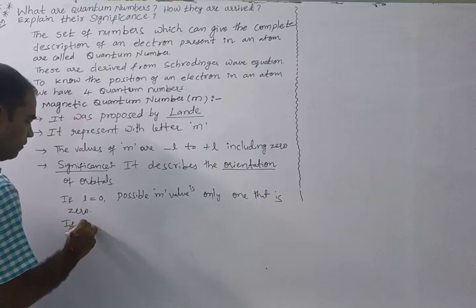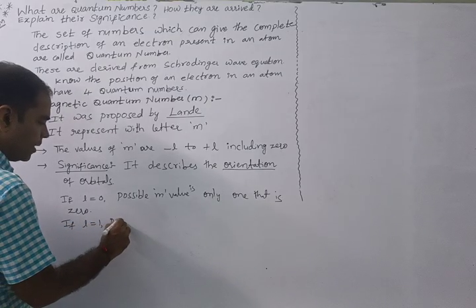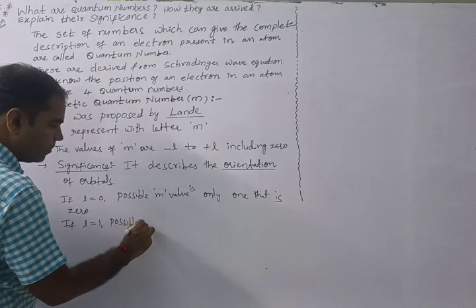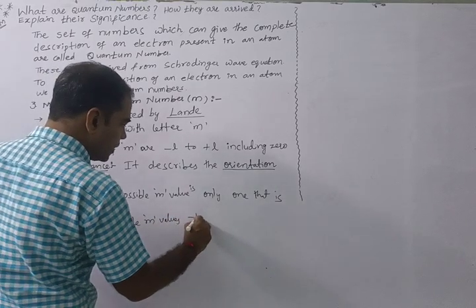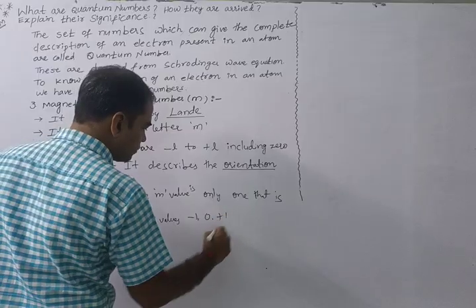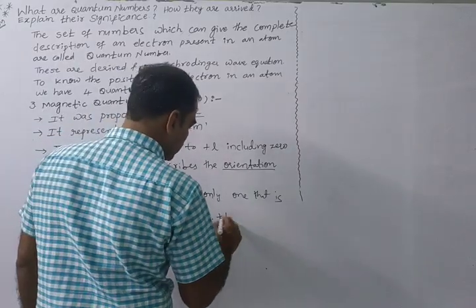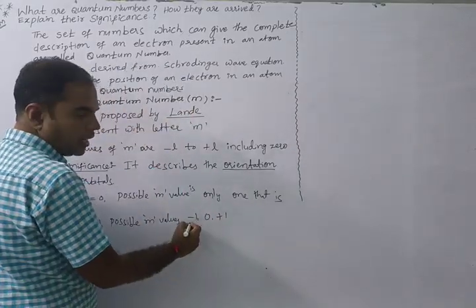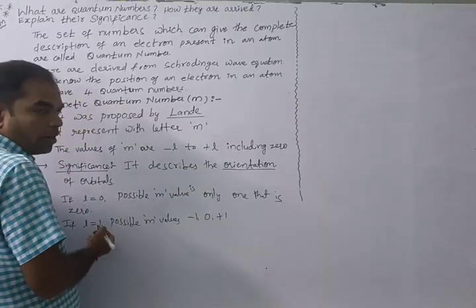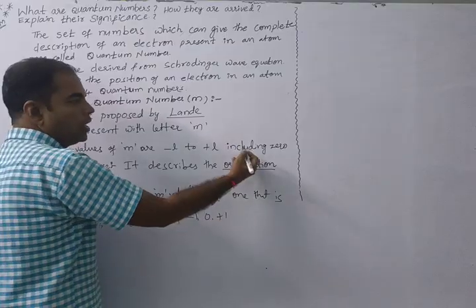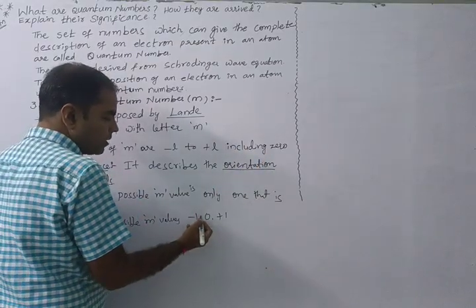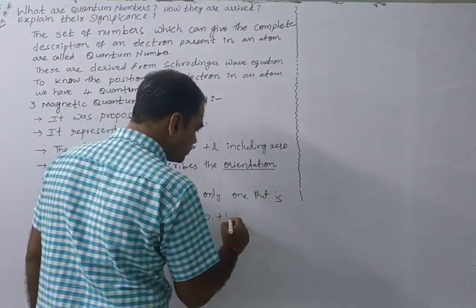If l value is 1, the possible m values are minus 1, 0, plus 1. That means minus l, where l is 1, so minus 1, plus l means plus 1, including 0. That means minus 1, 0, plus 1.